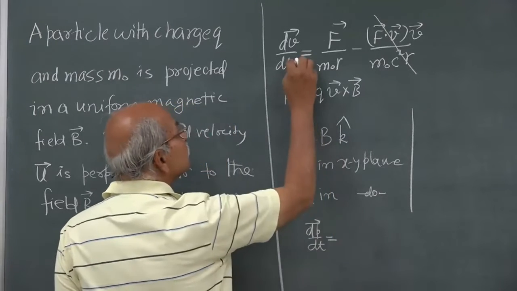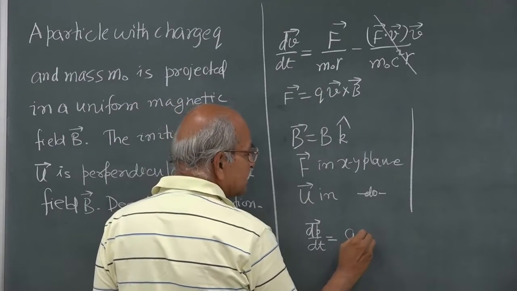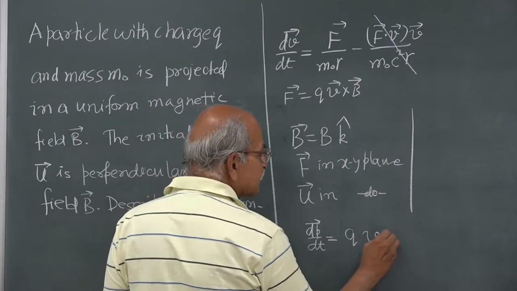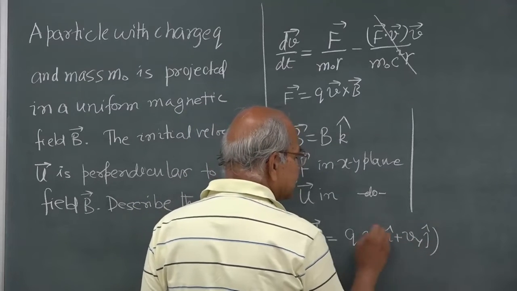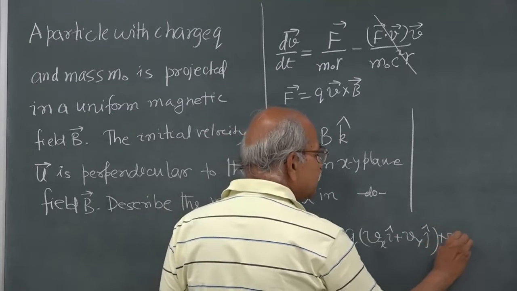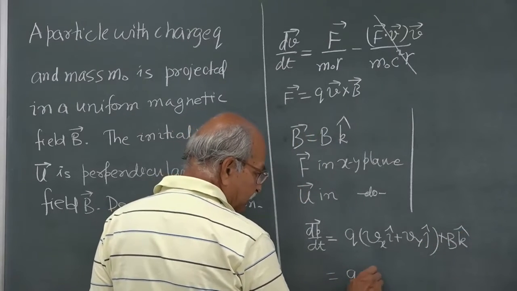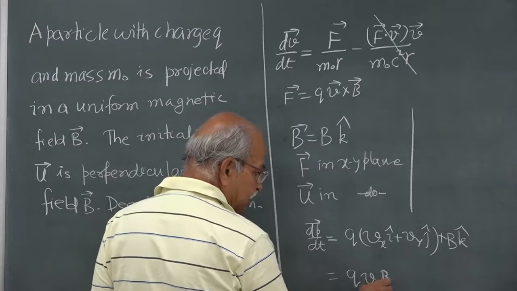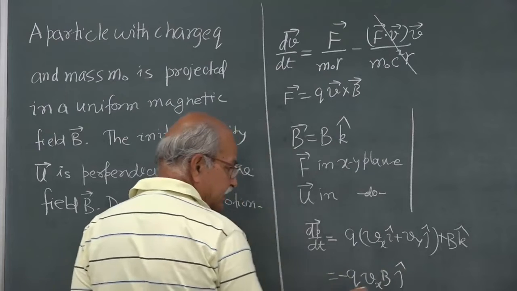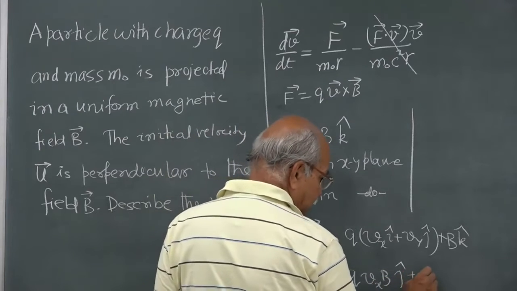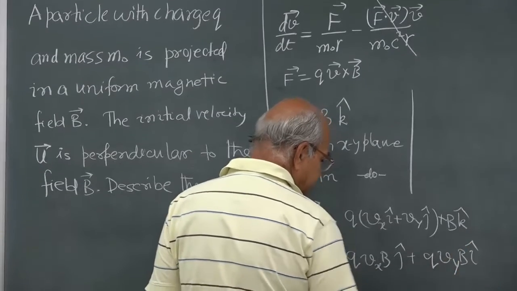Then we can write what dp dt is. dp dt is this force, and that is q times v cross B. So, let me write Vx i cap plus Vy j cap, cross B k cap, which will be q Vx B with a minus sign, since i cross k is minus j, and then plus q Vy B i cap.